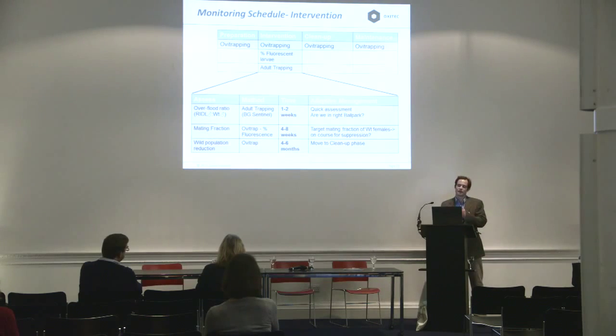In other words, the proportion of females that are mating with your released males compared to the wild ones. And we aim for about 50% or more, and if that's on target, we should be getting suppression within 4 to 6 months. And that's picked up by the adult traps, and then we can move into the cleanup phase.